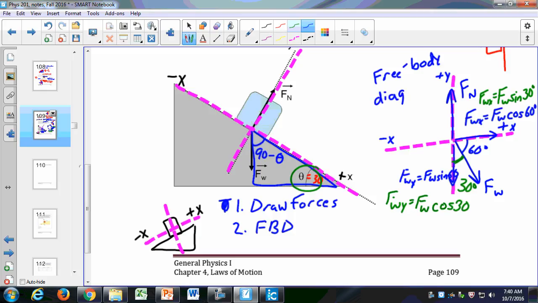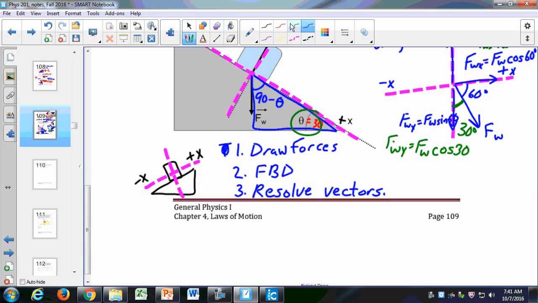It just means that we take away the picture and we just draw a diagram that only has the force vectors on it. Third, and this is a step that we haven't done yet, is we resolve the vectors, meaning prior to today we haven't done this. We resolve any vectors that are not on axis. Usually that's just going to be the force weight vector. Usually that'll be the only vector that we're dealing with that's not on axis.